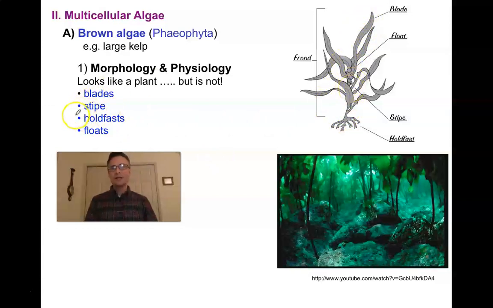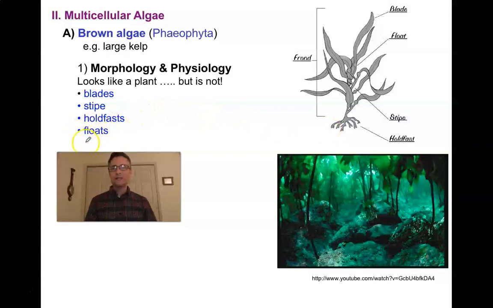Okay, and then it has some things that look sort of root-like, but they're not roots. They do anchor the alga though, and these are referred to as holdfasts. So we have at least some morphological similarity. These are analogous structures, convergent evolution, but they're not the same as stems and leaves and roots.